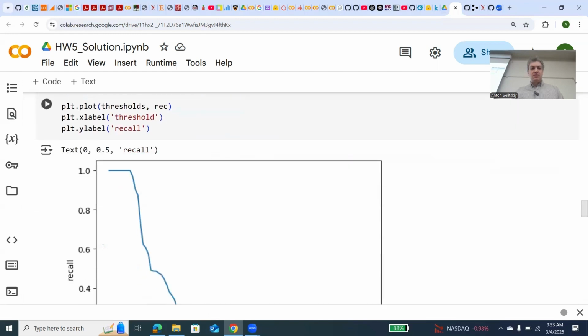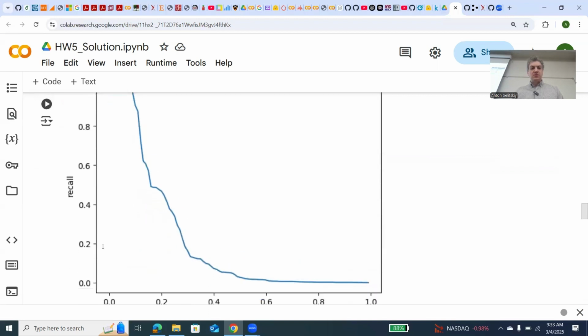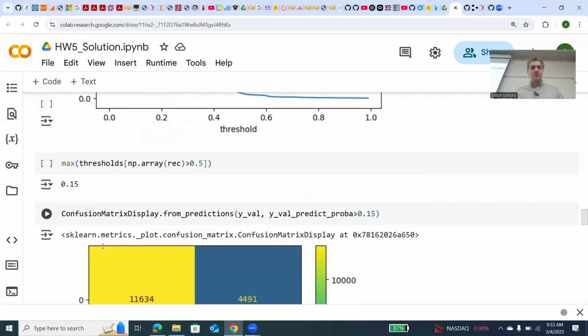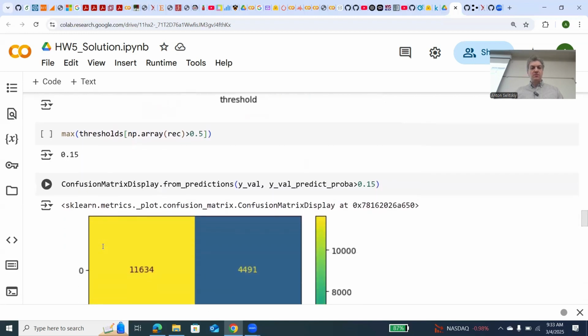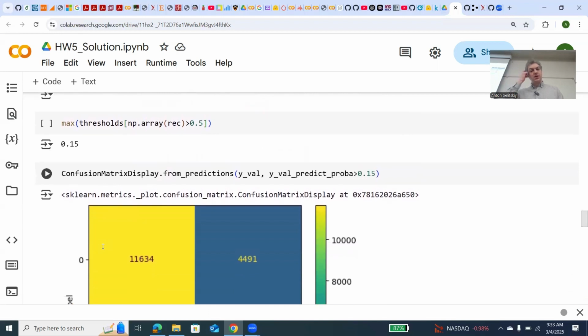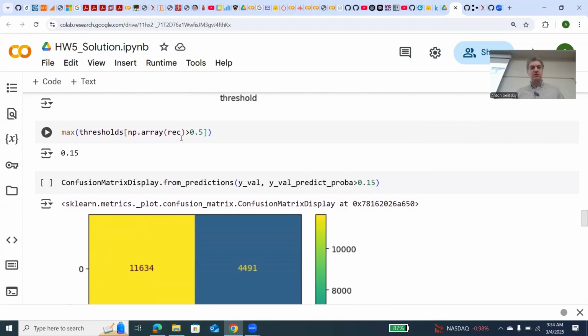Then I asked you to choose the threshold. So you could run a for loop to choose the threshold to get the desired accuracy.